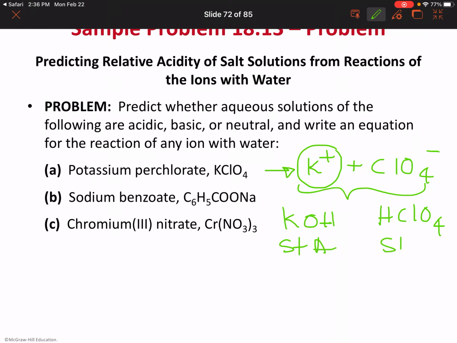So K+ is a cation of a strong base, and perchlorate is an anion of a strong acid.